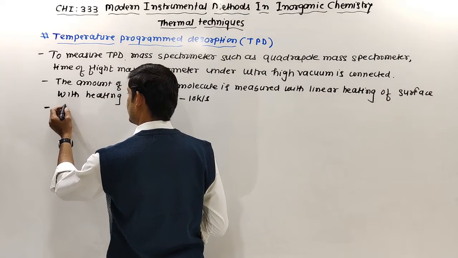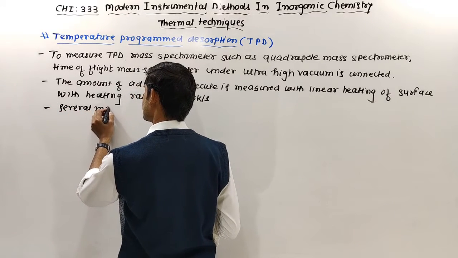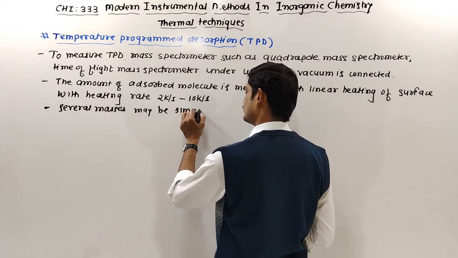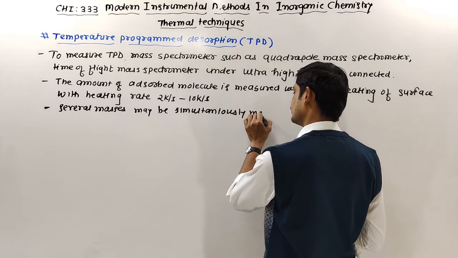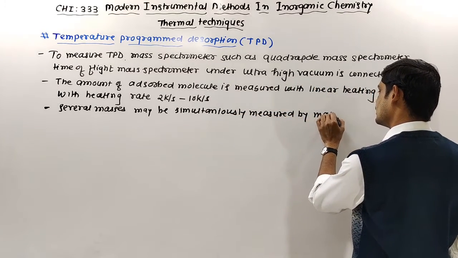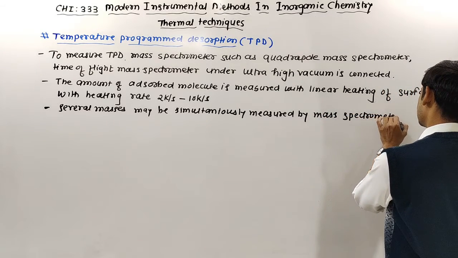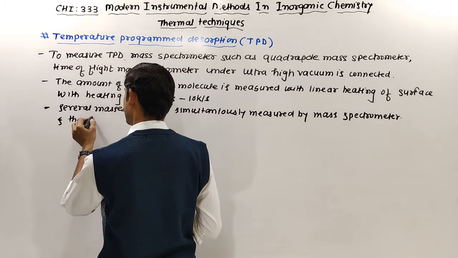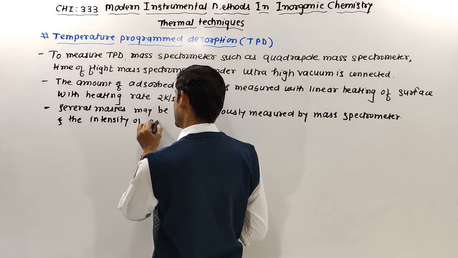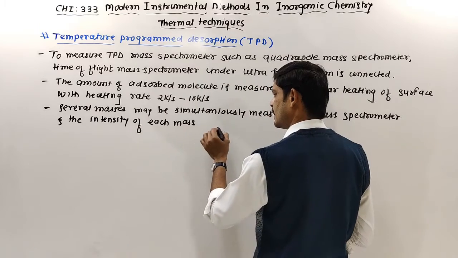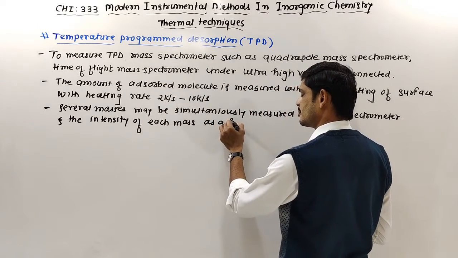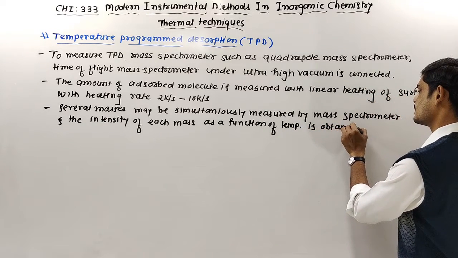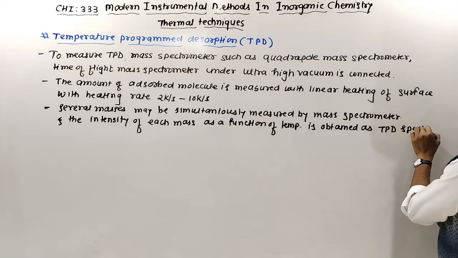So several masses may be simultaneously measured by the mass spectrometer, and the intensity of each mass as a function of temperature is obtained as the TPD spectrum.